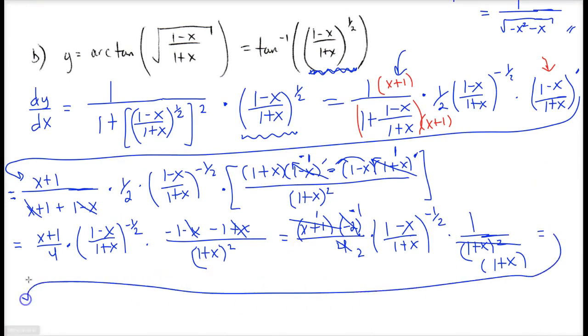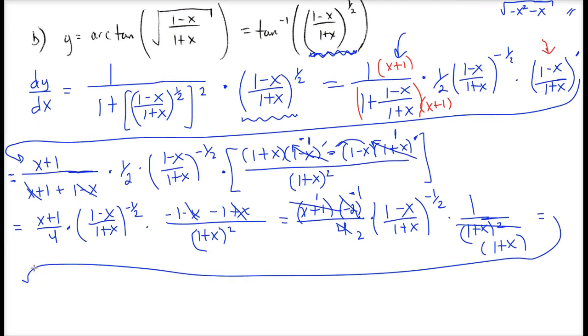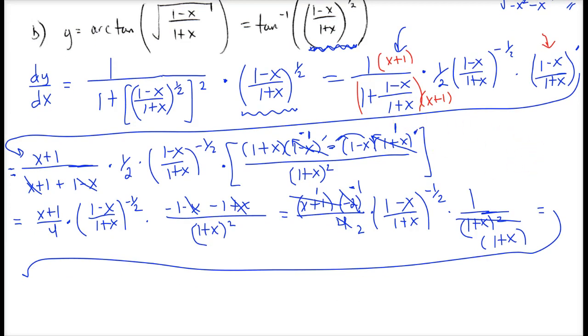So if we keep on going here, in this first factor, I just have a negative 1 over 2. In the second factor, this is basically going to be 1 over the square root of (1 minus x over 1 plus x). So I'll write it like that and then rewrite it the other way that I want.